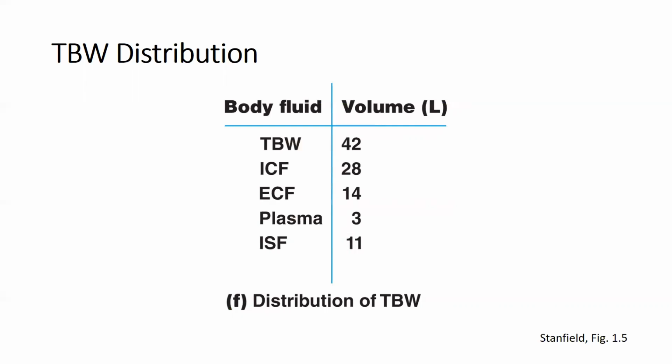Okay. Of that 42 liters, the intracellular fluid, where did we say the intracellular fluid was? Inside the cells. Of that 42 liters, 28 liters was inside the cells. Okay, you can see how significant a chunk of that total body water is the amount of fluid that is actually in the cell. When we look at the ECF, the extracellular fluid, that's only 14 liters. Right, so about a third of that is outside of the cells.